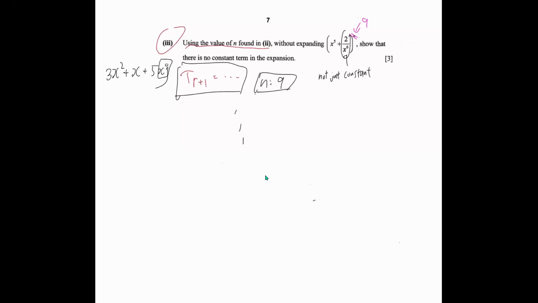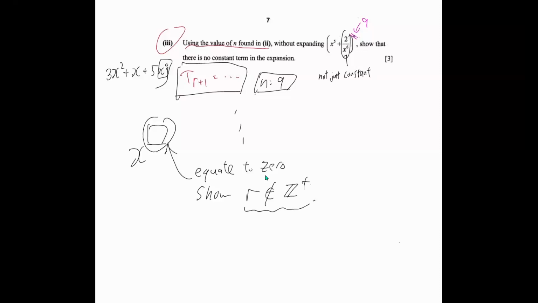Okay, you go fill in on your own. X power something, you want this guy to equate to 0. Good. And show r is not this guy. R is not a positive integer, it's a fraction.